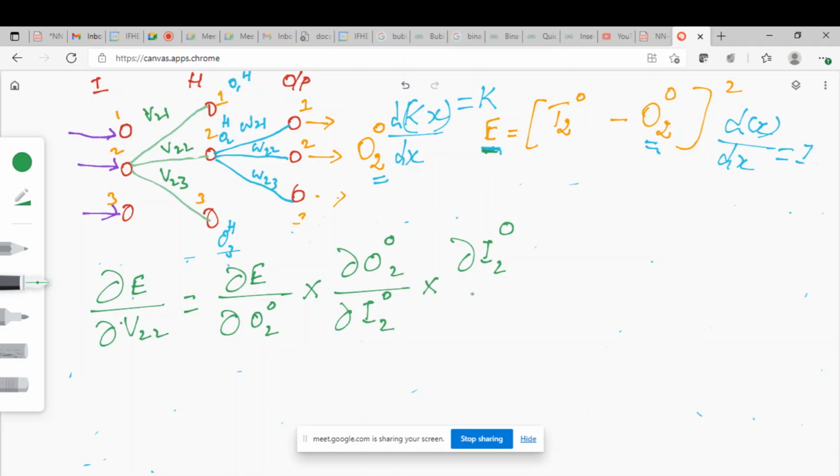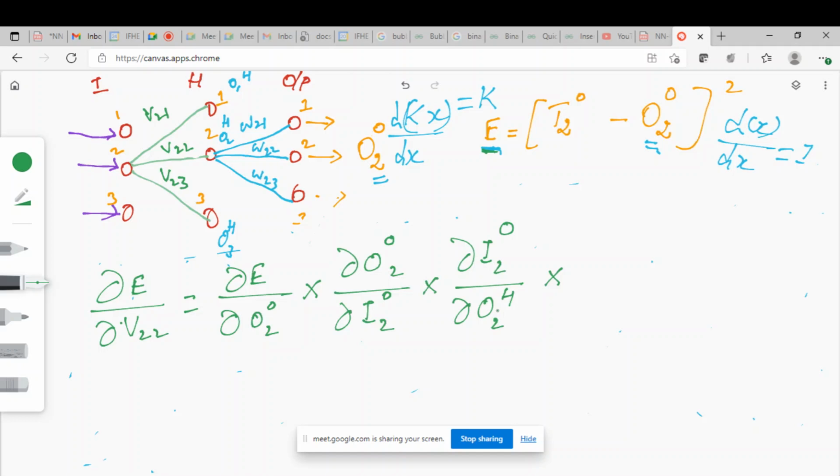Now again, this output of the hidden layer depends on what? Output of the output layer depends on the input. Similarly, output of the hidden layer depends on what? No, the input layer is far away.